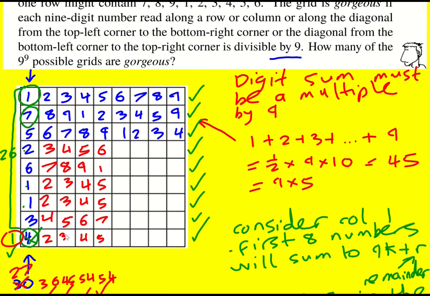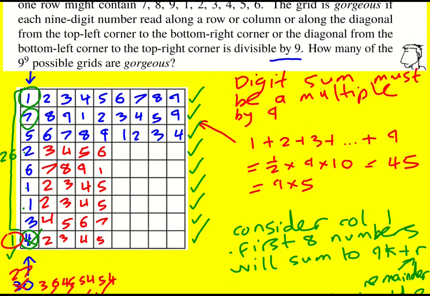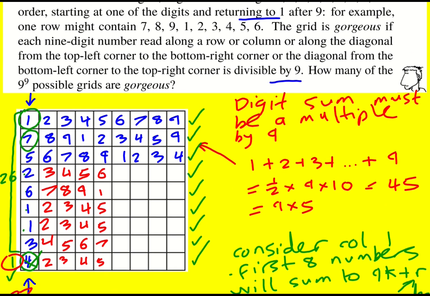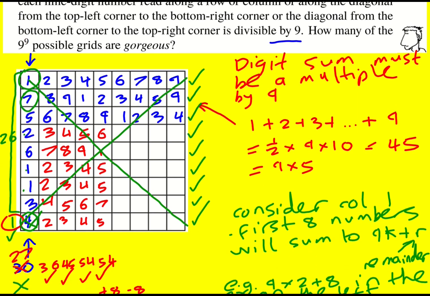And if it's not, then they're not either, but that's irrelevant because all of them have to be for the grid to be gorgeous. Then we just take a look along the diagonals, and if the first column is divisible by 9, then the two diagonals will be as well.